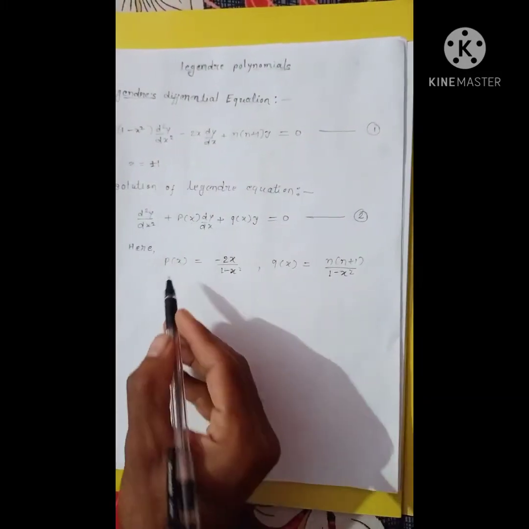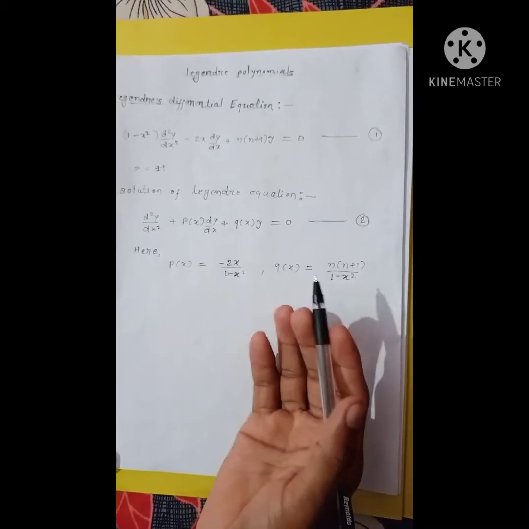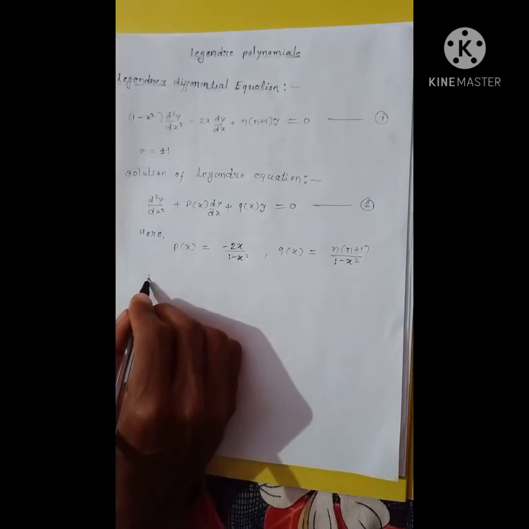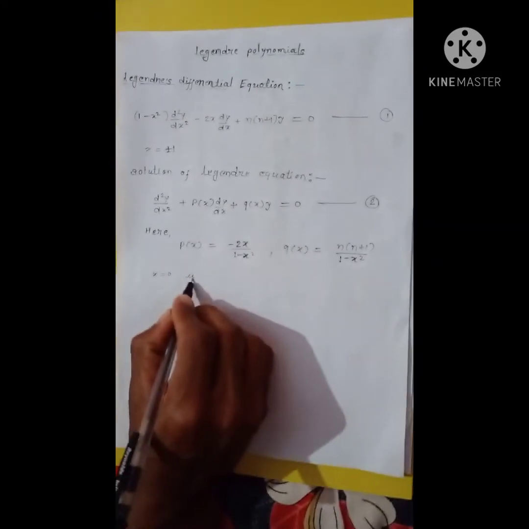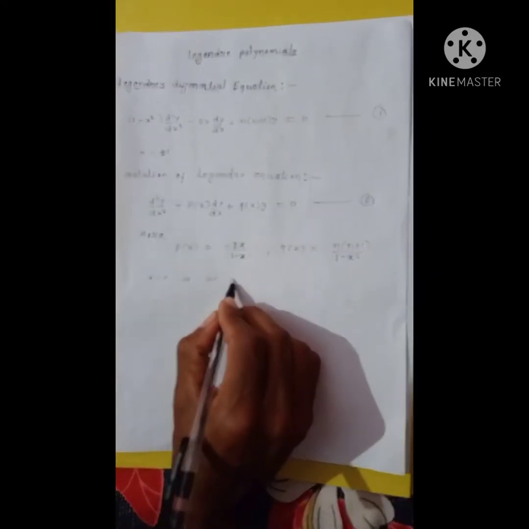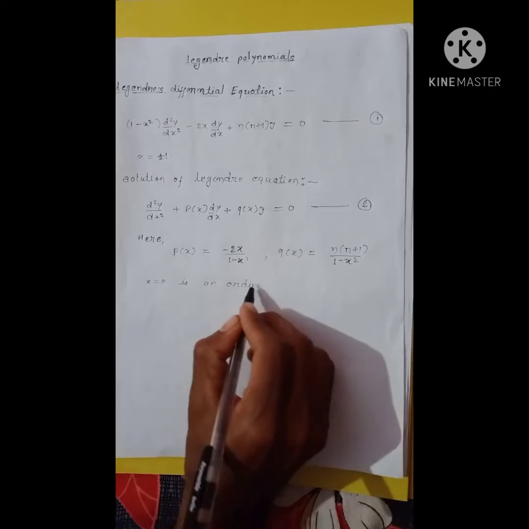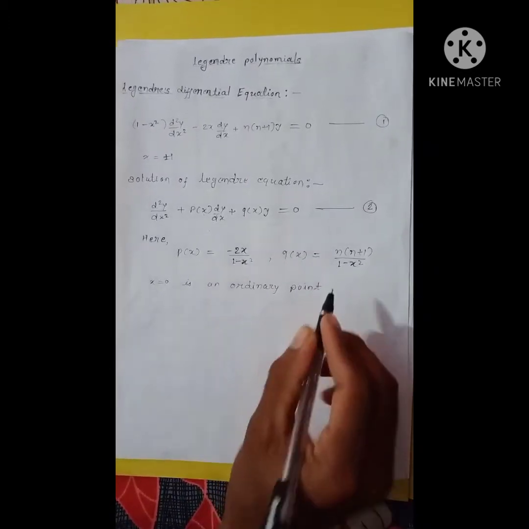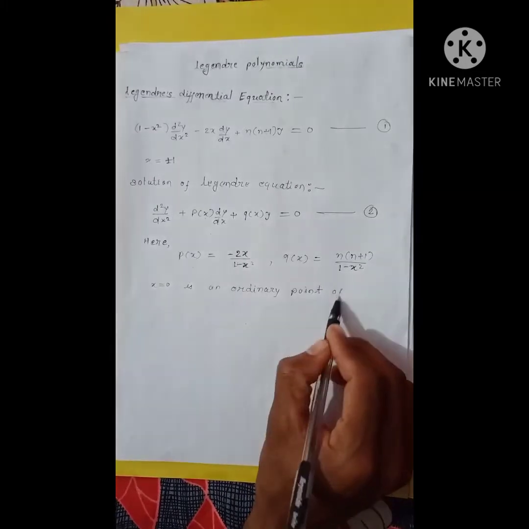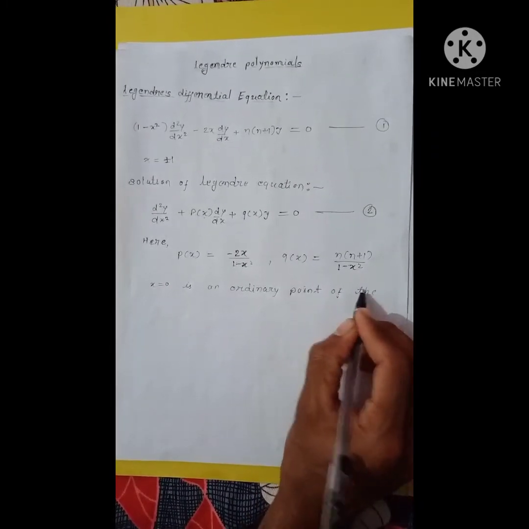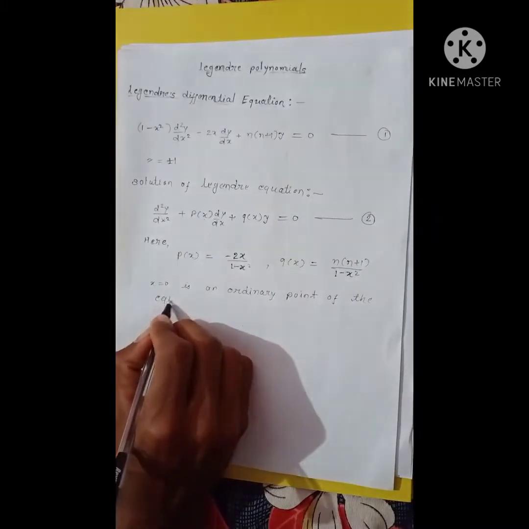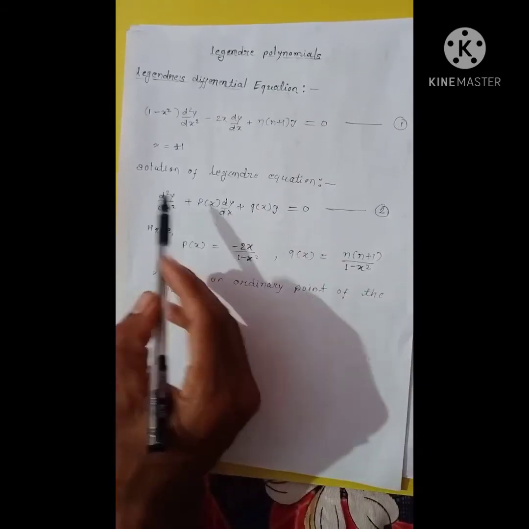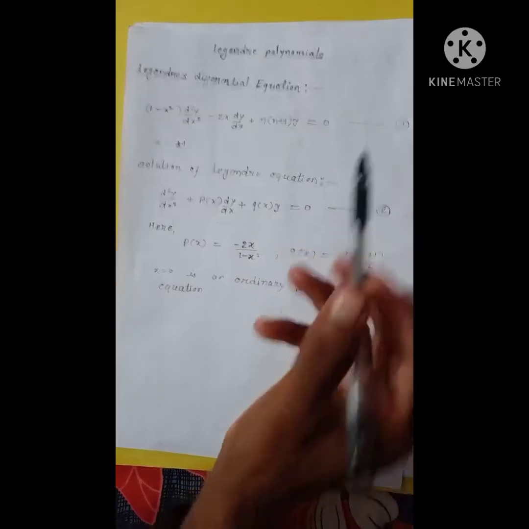Clearly p(x) and q(x) are analytic at the origin. That is, x is equal to 0 is an ordinary point of this equation number first.